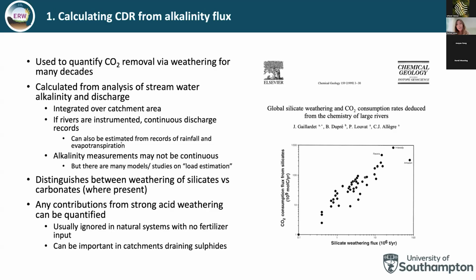Of course, when we're working in natural systems, generally we're not too bothered about nitric acid because fertilizers are not applied. But of course, and this was one of the questions that came before, this can be important in catchments draining sulfides. So we can look at the sulfate content of the stream waters and make a correction for that. So that's all really useful from a carbon dioxide accounting point of view.